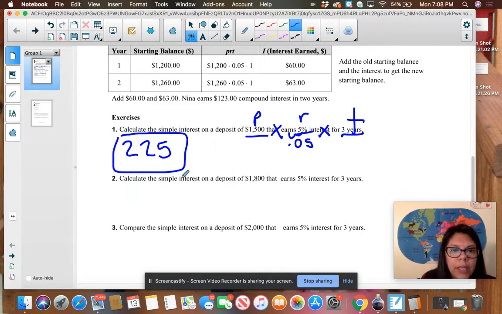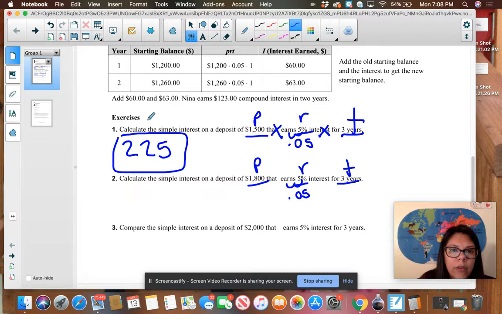Number 2, calculate the simple interest on a deposit of 1,800. That's my P. That earns 5%, that's my R, for 3 years, that's my T. Let's change 5% into a decimal. Move it 2 spaces to the left, that becomes 0.05.